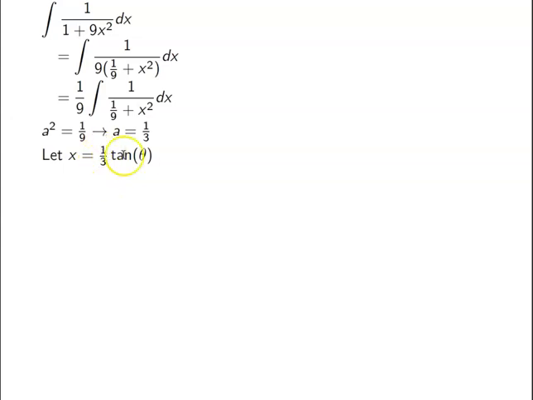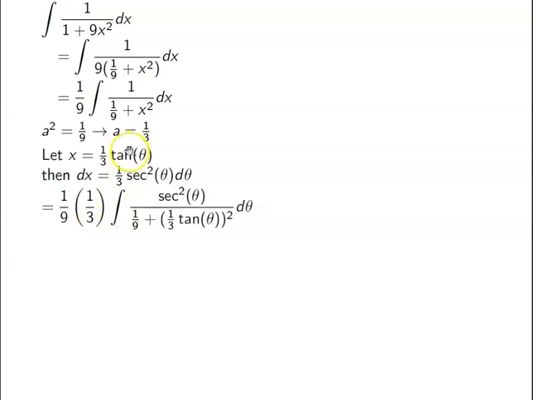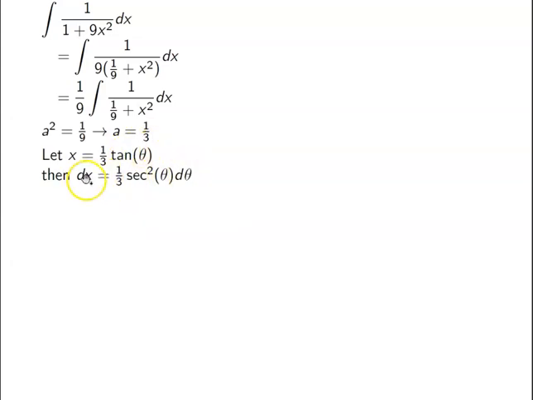So now I'm going to plug in 1/3 tan theta into x, and I'm going to square it, right? When I differentiate my x, I get 1/3 secant squared theta d theta, because this is my substitution now. Because I'm going into thetas, I can't just leave the dx and just put the tan thetas. I have to substitute this dx as well.